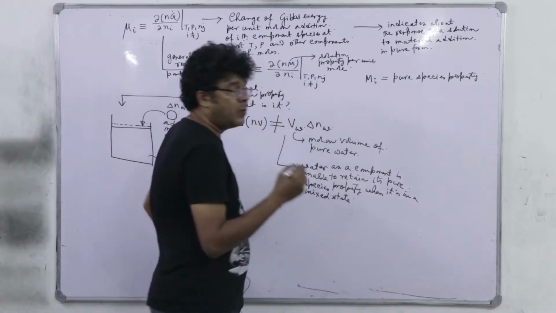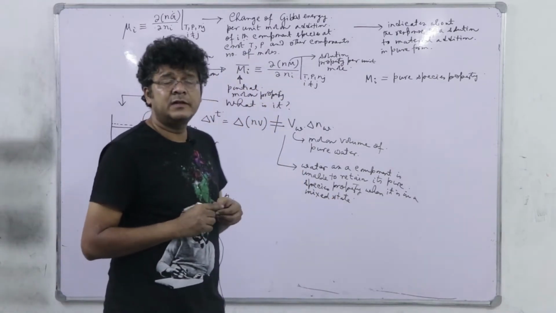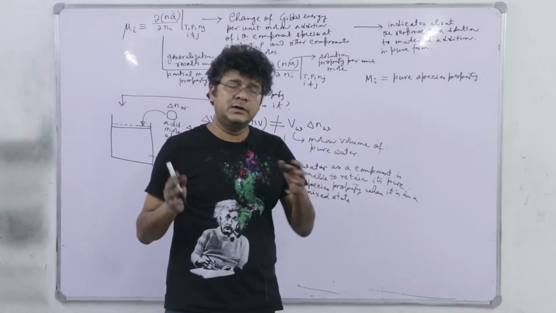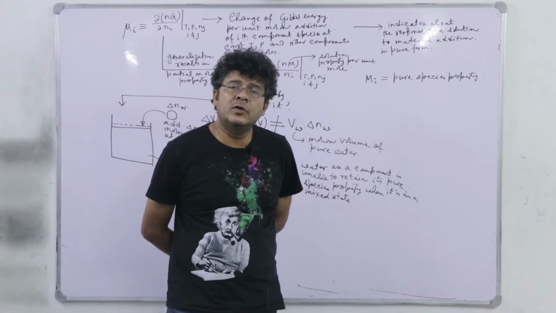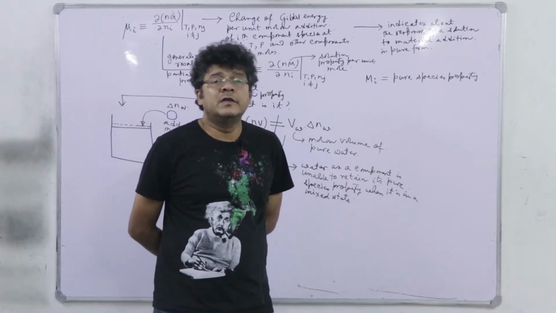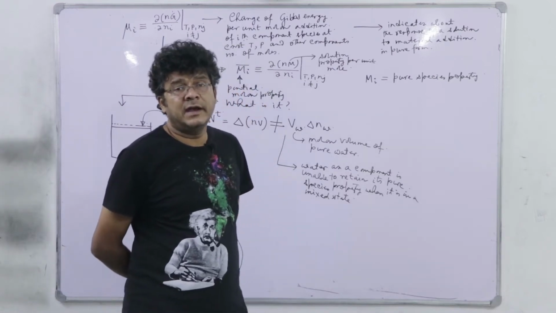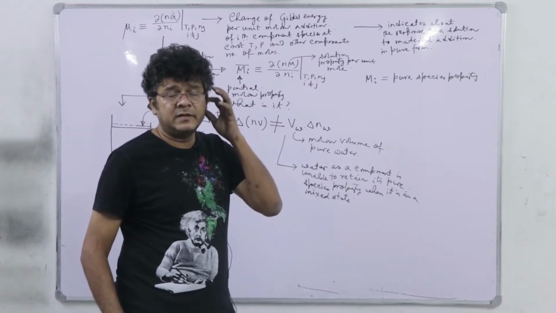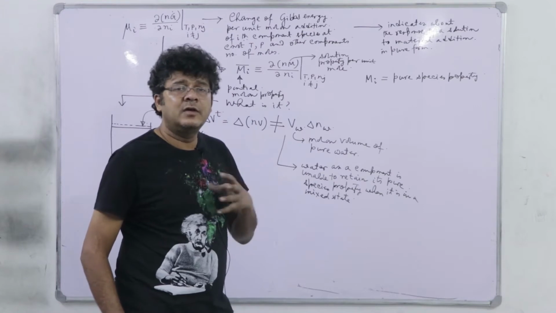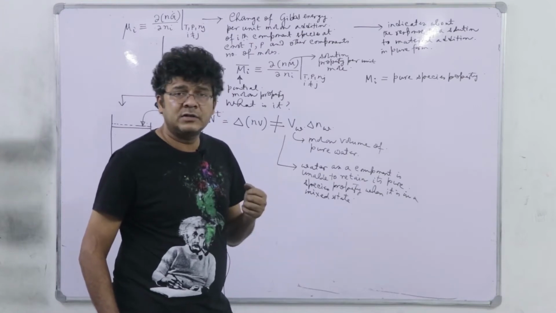right. Why does it happen? Because pure water is surrounded by other water molecules, and we know that there is hydrogen bonding. So, there is a specific interaction energy which a single water molecule experiences once it is in a pool of water, right.